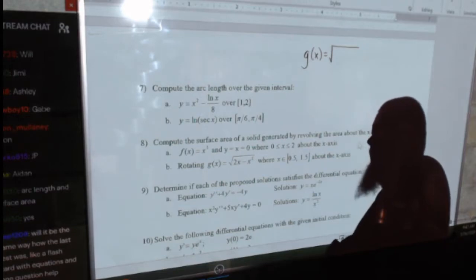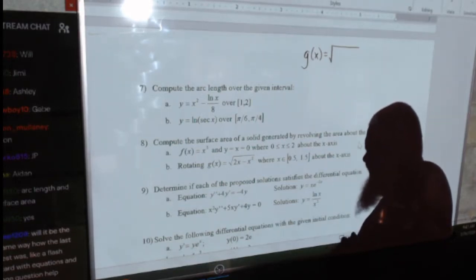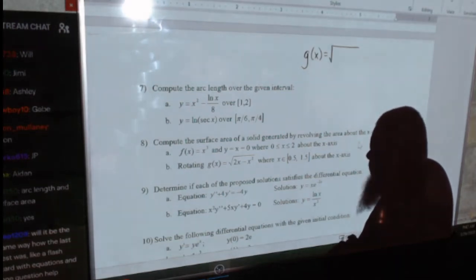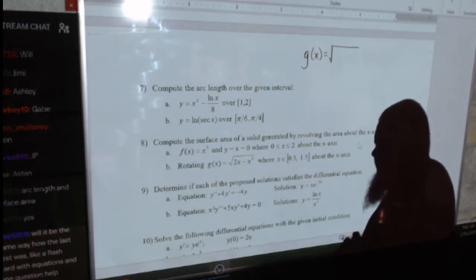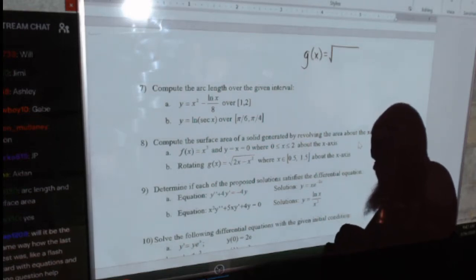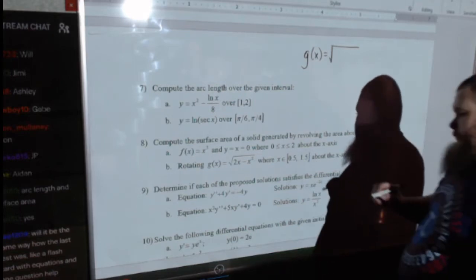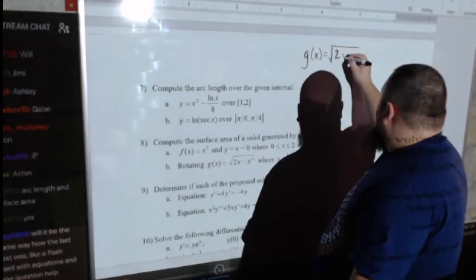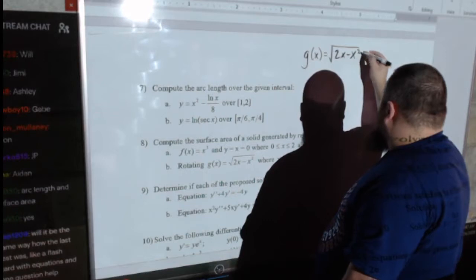Then I would like you to take pictures or scan your test and get it to me by 11:40. As of right now, there is no one question, but you still may have your note card. And I'll also give you guys an idea of the problems that'll be on there.